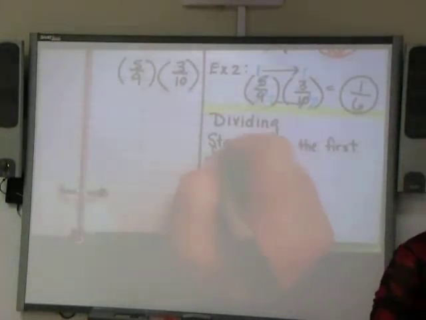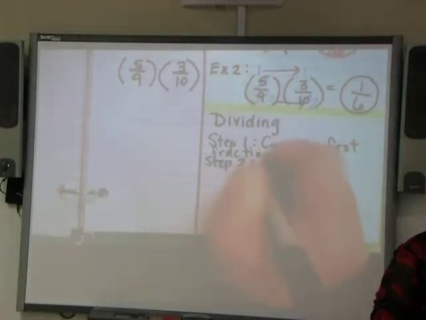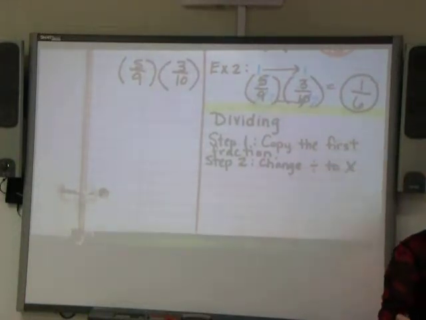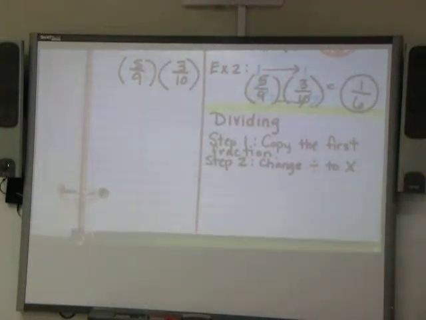Step 2, you're going to change the division sign to multiplication. Because dividing is actually multiplying by the reciprocal. So step 3 means we're going to flip that second fraction.